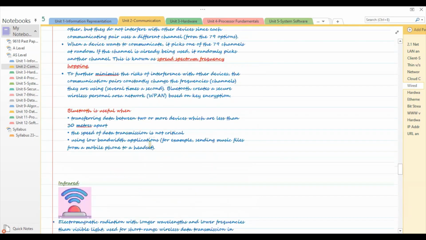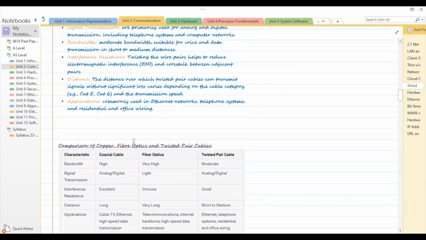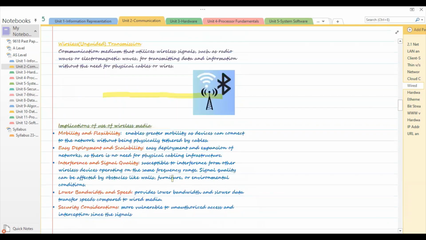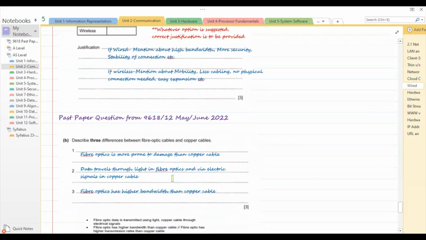Right now the question is about wired medium. So there is a clear comparison, right? So you can write any 3 points.